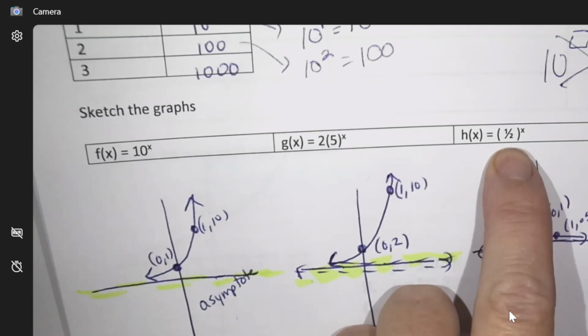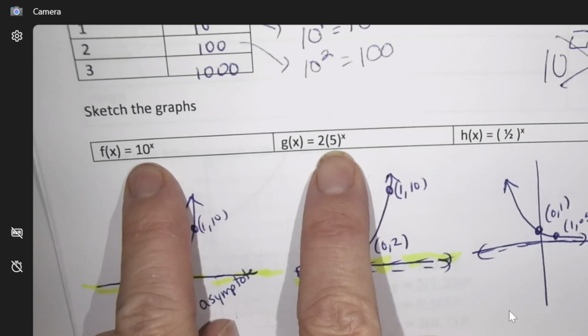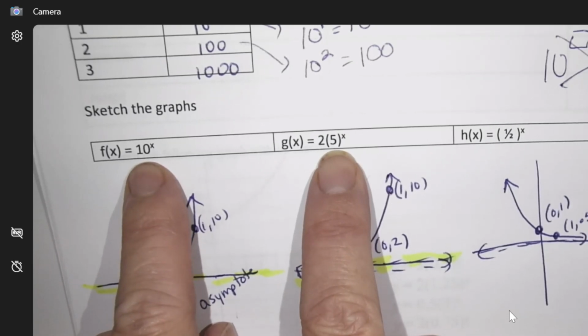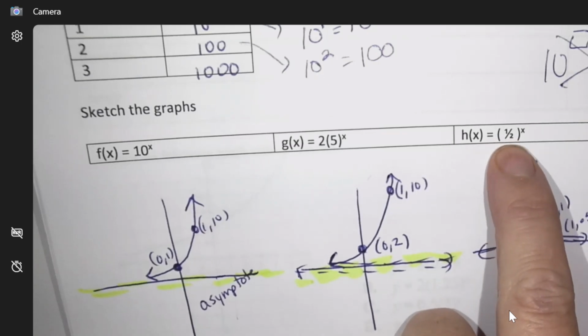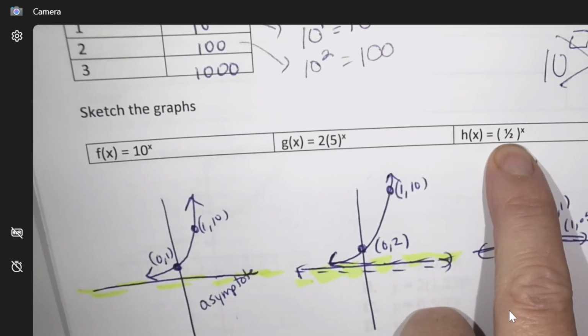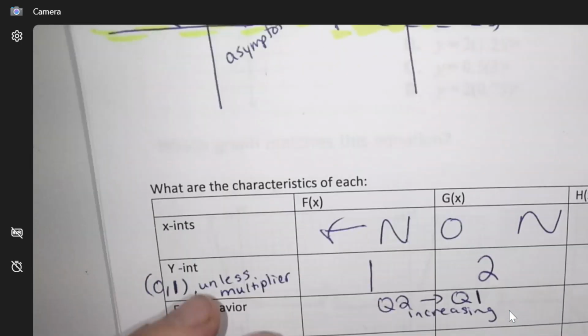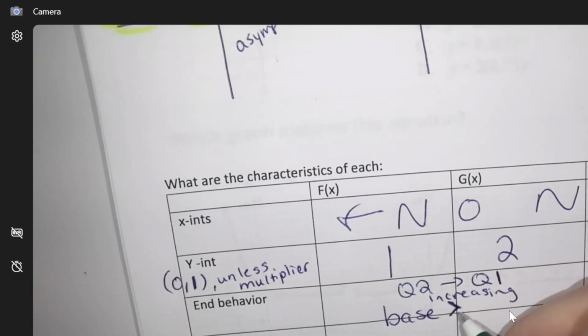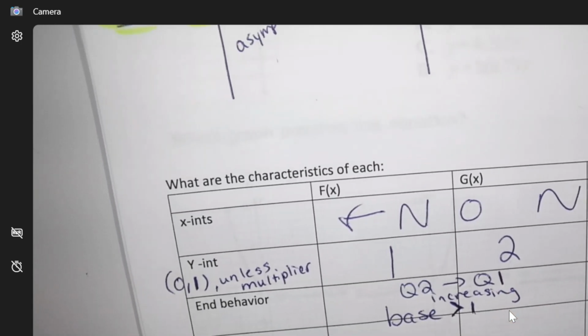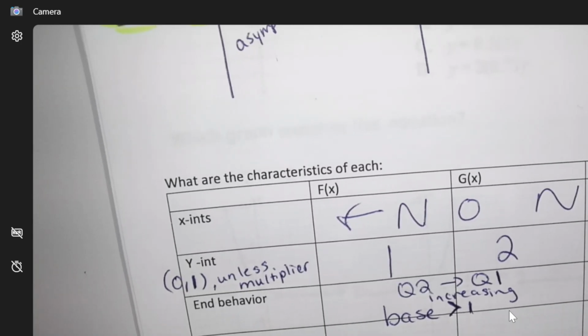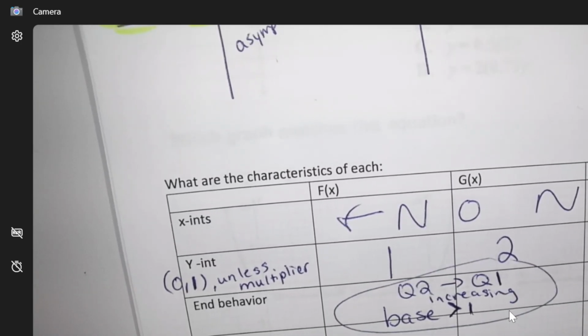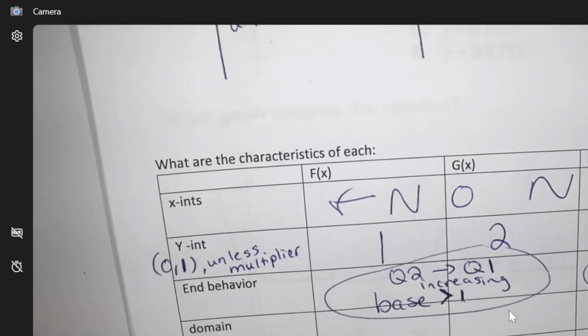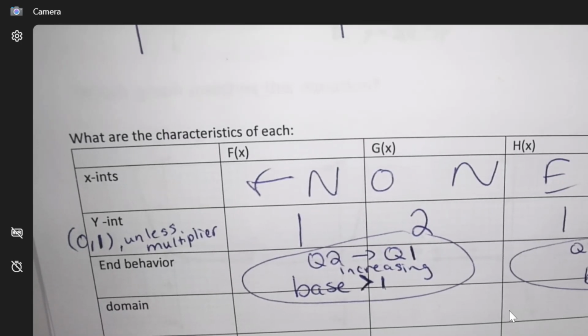So what should we say? If the base is bigger than 1, you're going to increase. If the base is less than 1, you're going to decrease. So base greater than 1, base less than 1. So that's what we know about the end behavior.